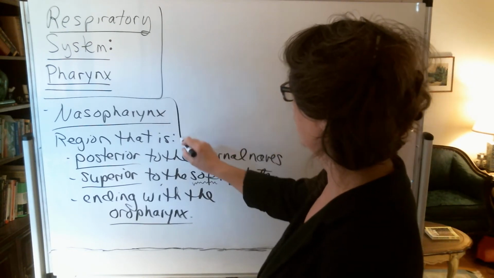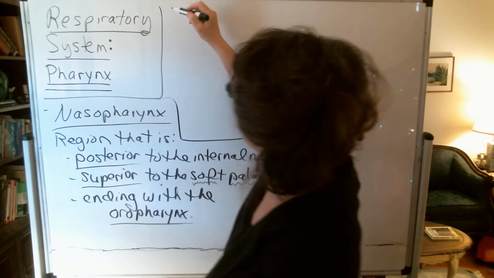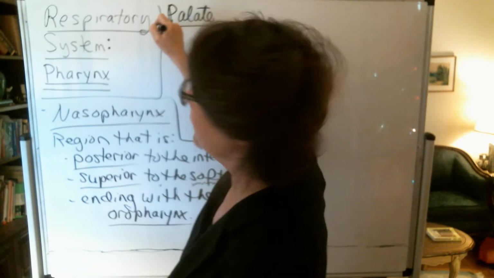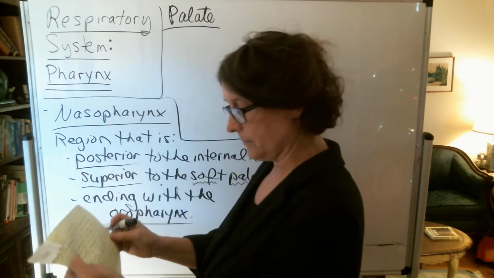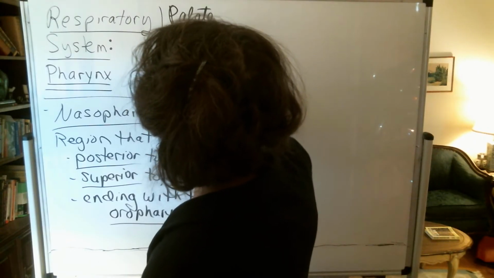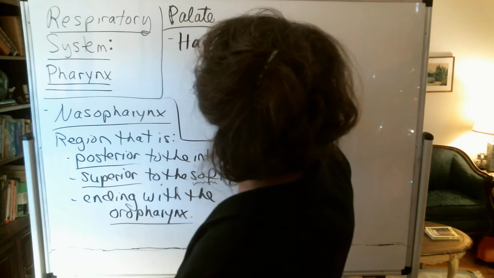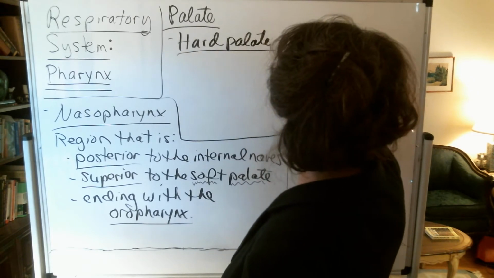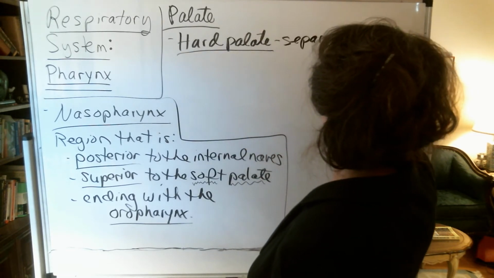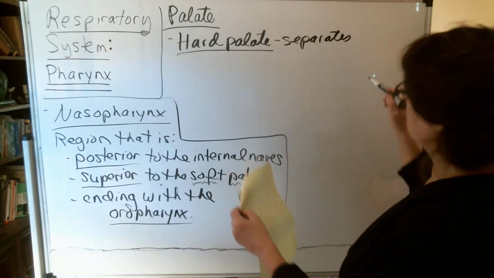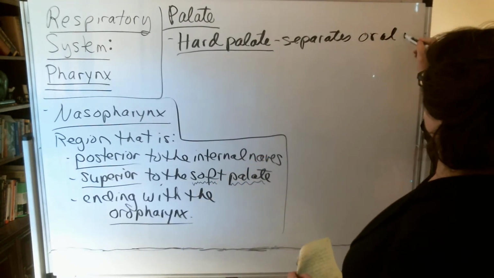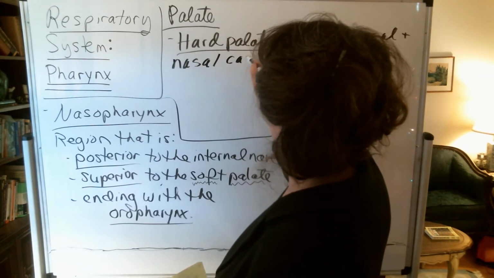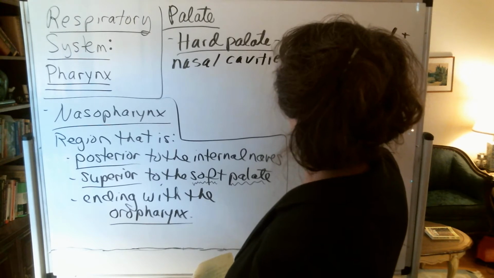So let's briefly go into the parts of the palate. The palate is basically the roof of your mouth. So we have a hard palate that separates the oral and the nasal cavities.